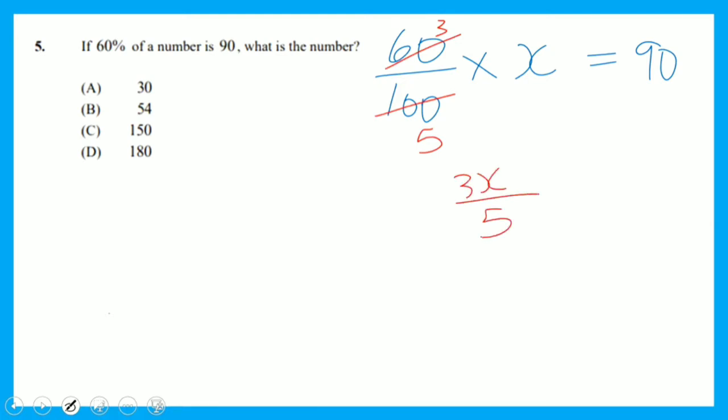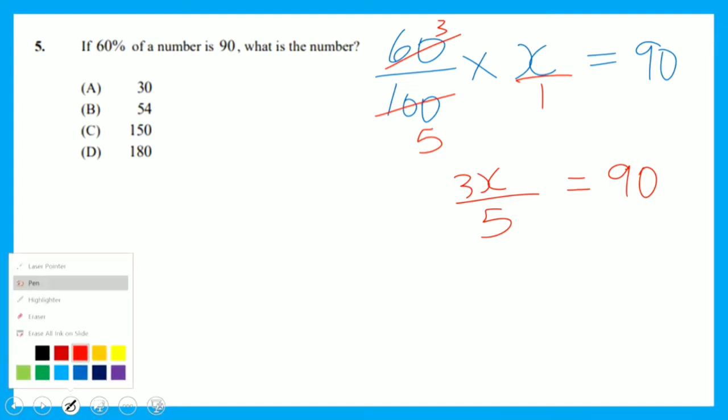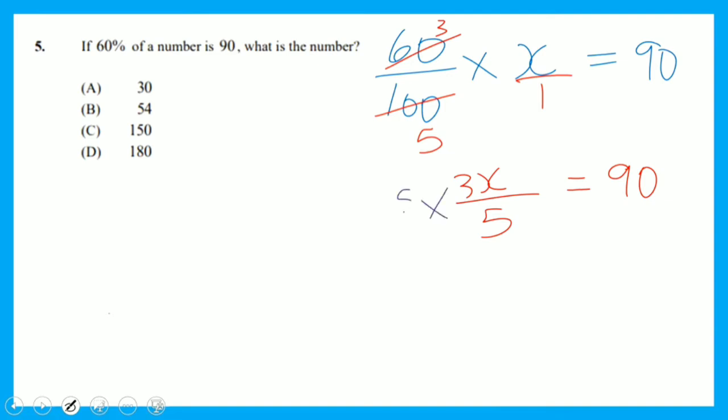And if it makes you feel better, some people do put that over 1. All right, 3x over 5, and that should be equal to 90. And then we are going to take our time and find the value of X. So we can get rid of this 5 by multiplying both sides by 5.